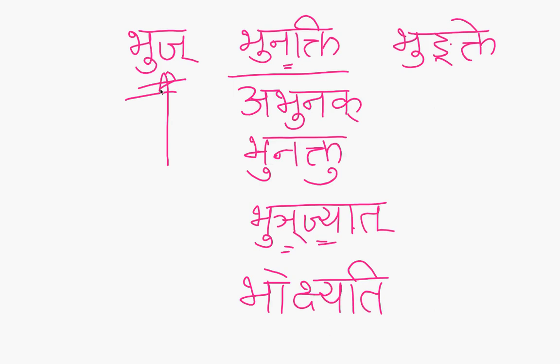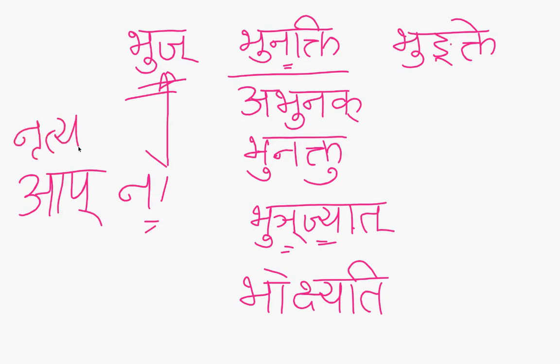Ap dhatu is an important one. In swadi gana, apnoti, like chinoti. And nrityati: nrit plus ya. The ya is the vikarana pratyaya for the divadi gana, and in apnoti, no is the vikarana pratyaya for swadi gana, and for bhadi and tudadi we don't easily see it.